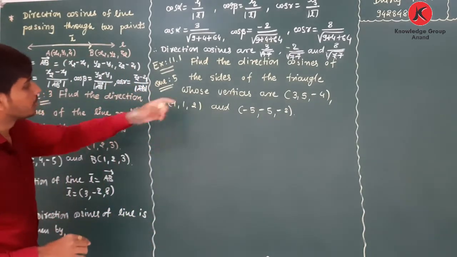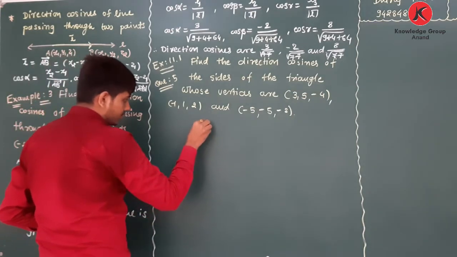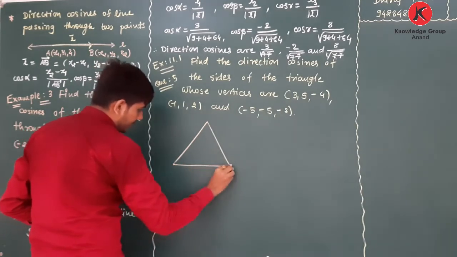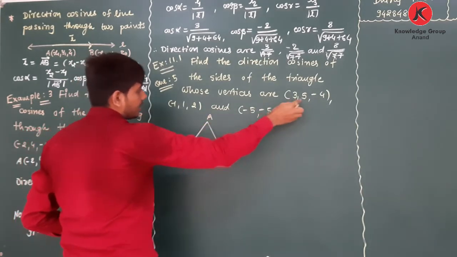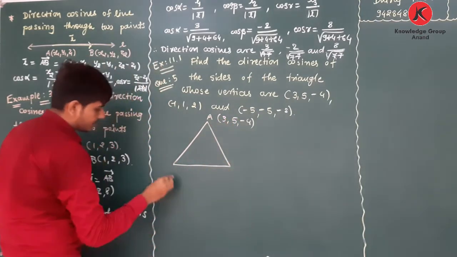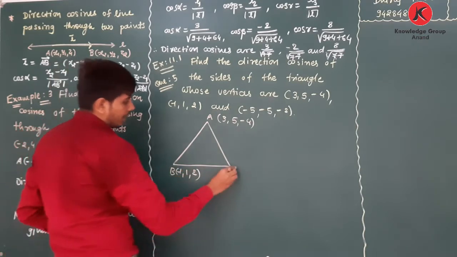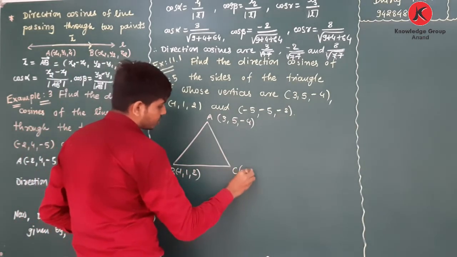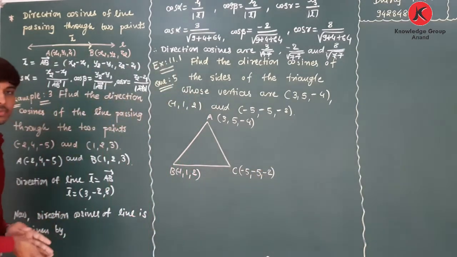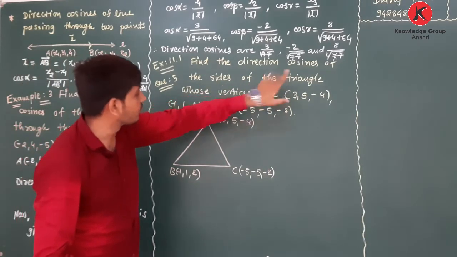Okay? हमको ये ट्राइंगल की 3 वर्टाइसेस गिवन है। So suppose this is our triangle ABC. This point is A, 3, 5, minus 2. Suppose this point is B, minus 1, 1, 2, and the point C is minus 5, minus 5, minus 2. Find the direction cosines of the sides of triangle.